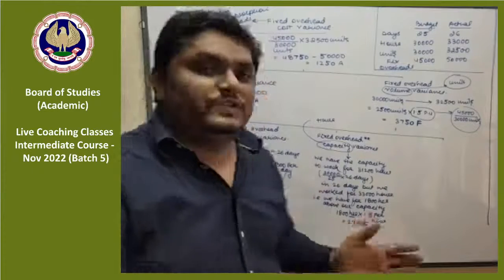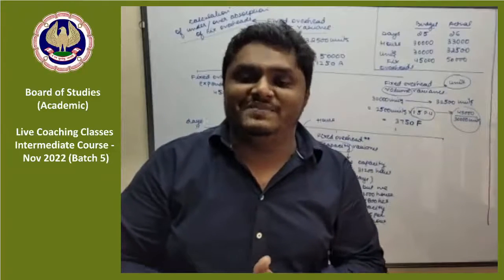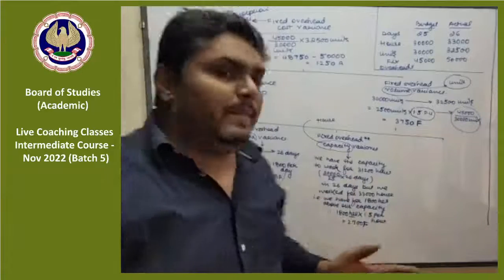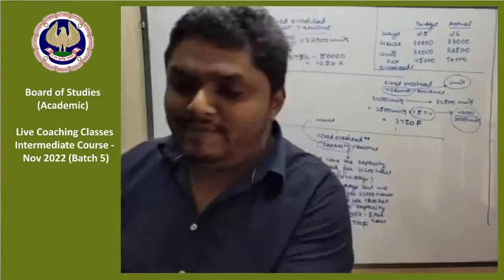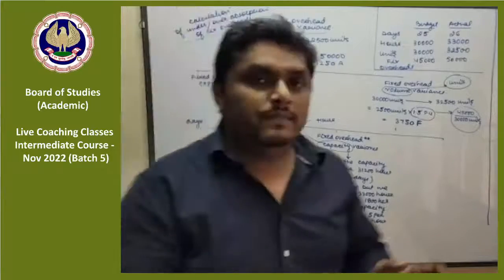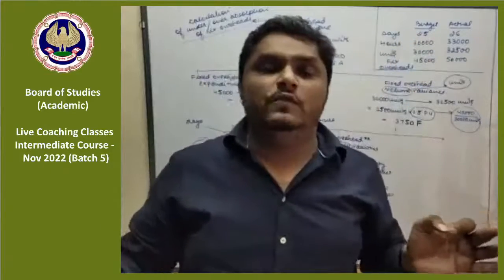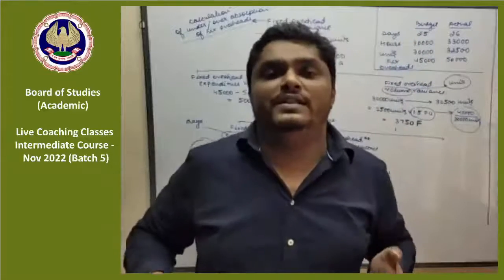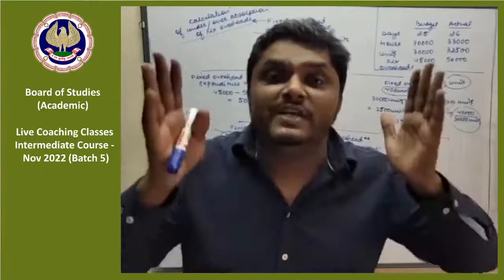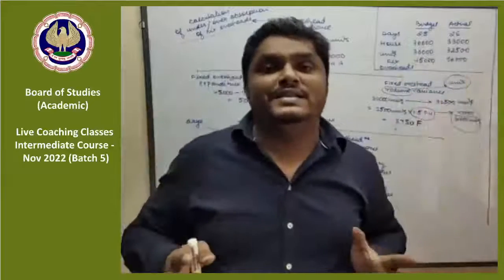I am writing this explanation for your understanding. No need to write this explanation in exams. This is just so that you can memorize while revising the subject. First of all, we cannot say that we have the capacity to work for 30,000 hours and we worked 33,000 hours, so 3,000 hours extra. This statement is incorrect. Why? Because the budgeted days and the actual days are different.